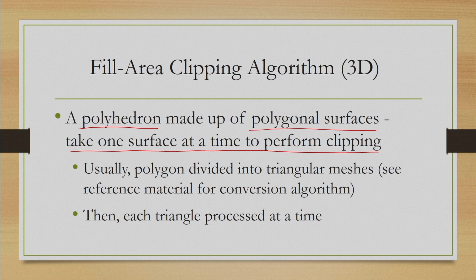Earlier we took one line at a time, here we are taking one surface at a time. Now, usually polygons are divided into triangular meshes, and there are algorithms to do so, which you can refer to in the reference material at the end of this lecture.